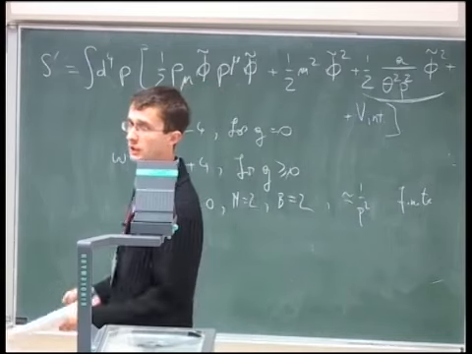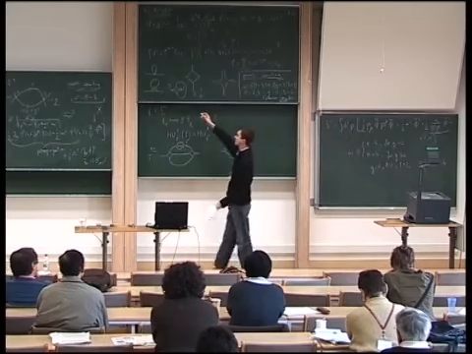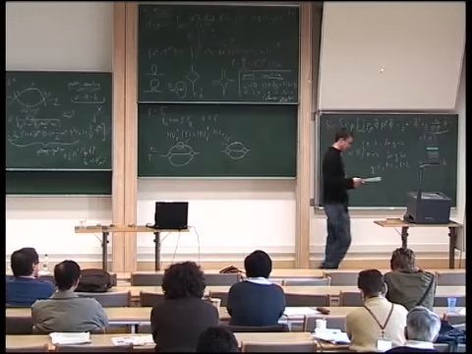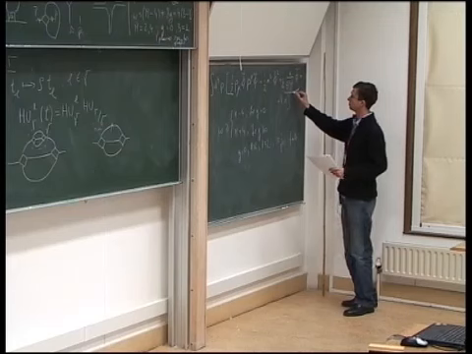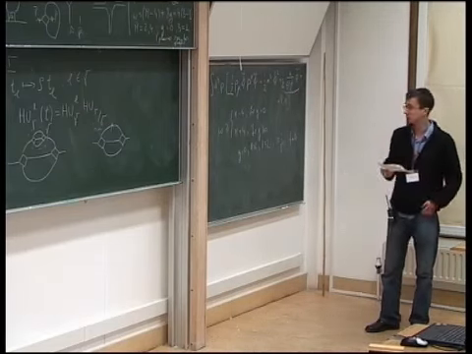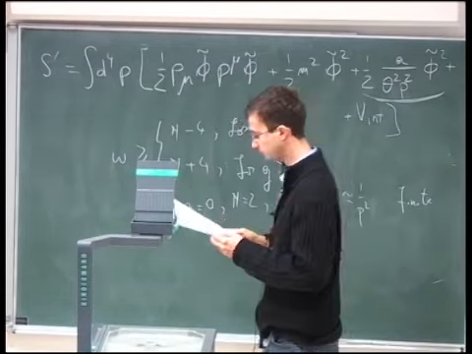The divergence will come when inserting this type of tadpole graphs into bigger graphs, which are non-planar, and then they will become divergent. But thanks to this modification of the propagator, this graph will also be finite because of this new term.